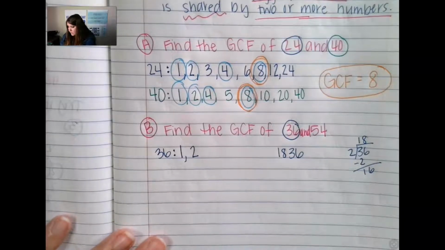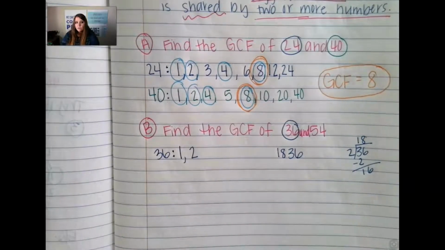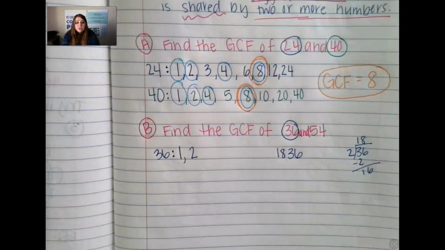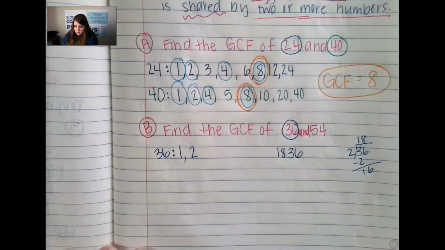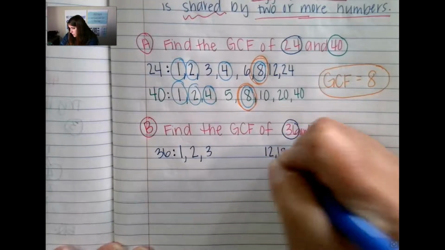3. Does 3 go in? You can just keep doing your work out to the side if you don't know if it's a factor. You just keep checking out to the side. So we know that 3 and 12 will give us 36.